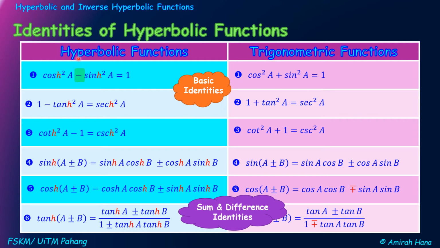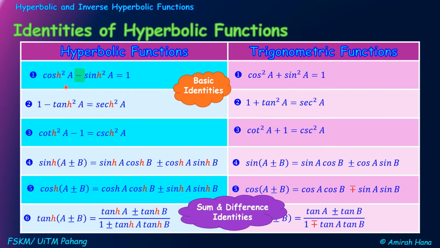The difference between hyperbolic and trigonometric identities is that we have a negative sign, a minus in between. cosh squared A minus sinh squared A equals 1. But under trigonometric function, we have cos squared A plus sin squared A equals 1. No h because this is trigonometric function. Under hyperbolic function, we must have h.